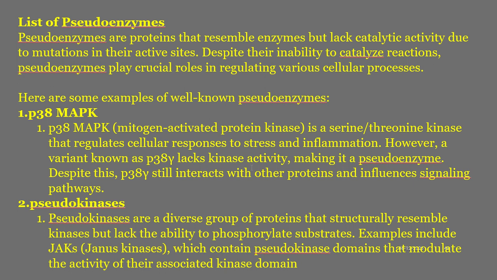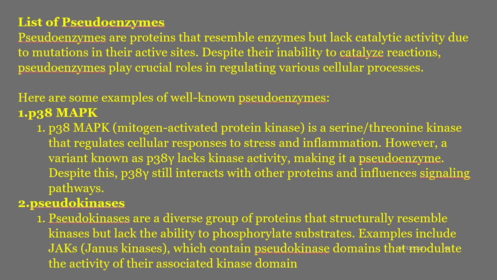It regulates the cellular response to stress and inflammation in living beings, human beings or animals. However, a variant, P38 gamma, lacks kinase activity, making it a pseudoenzyme. Despite this, it interacts with proteins and influences signaling pathways.